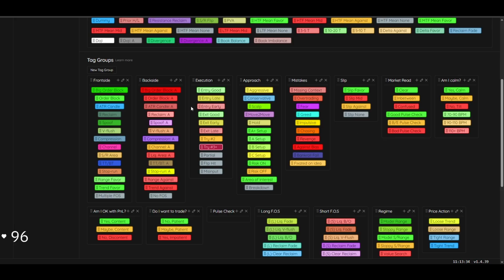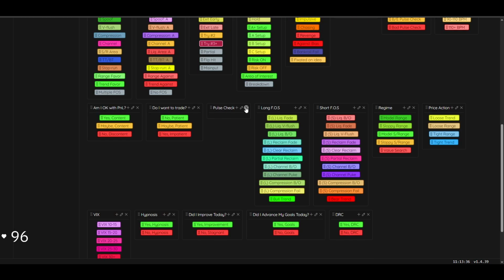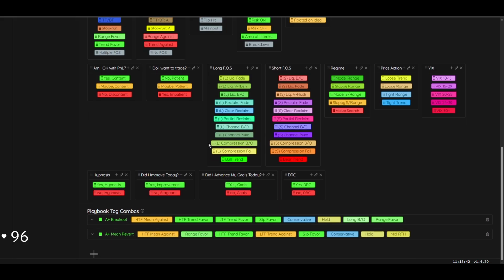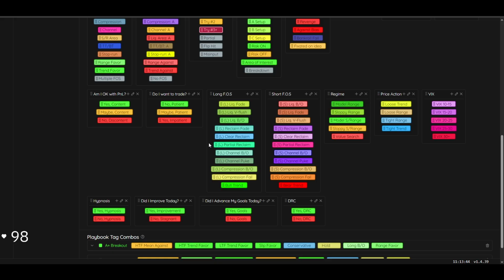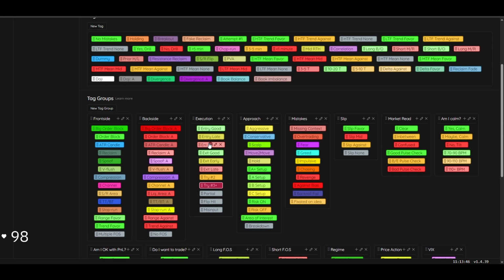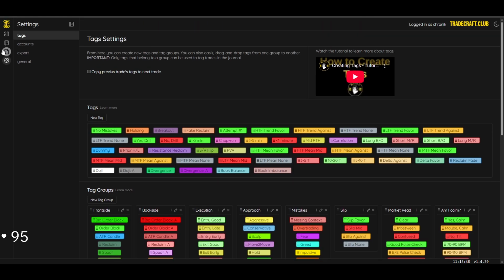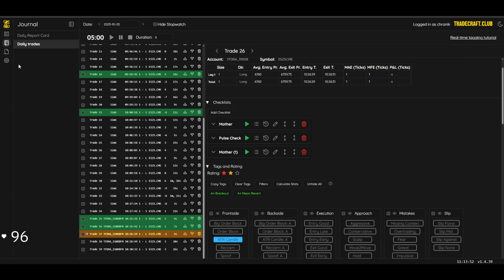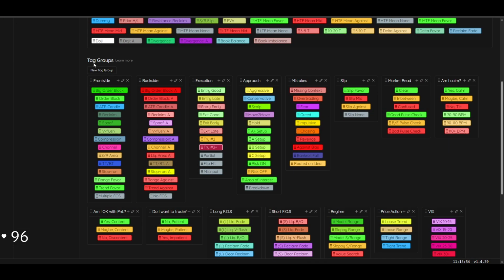I'm going to have to create a new tag group. How many tag groups do I have right now? Yeah, I think I have room for another one.